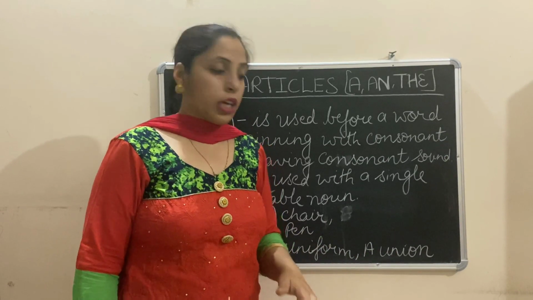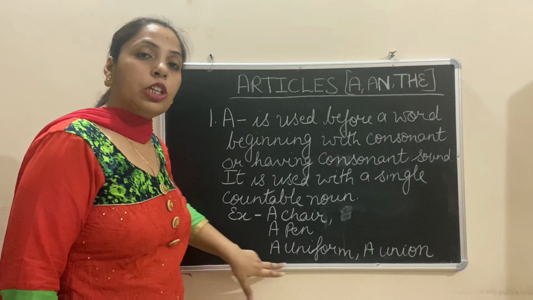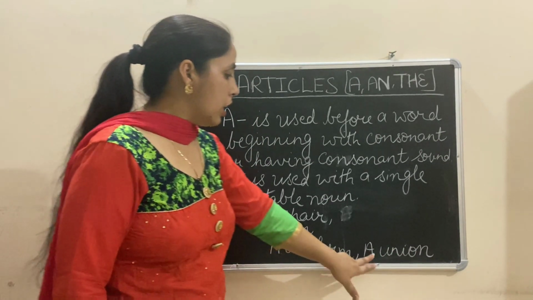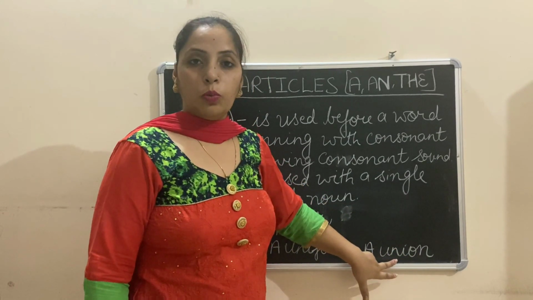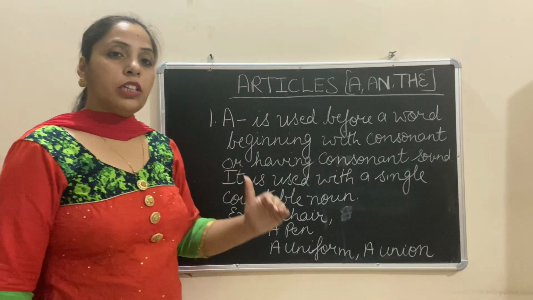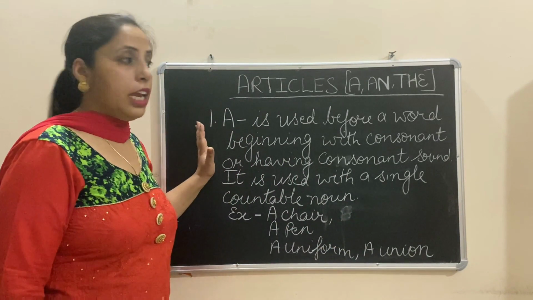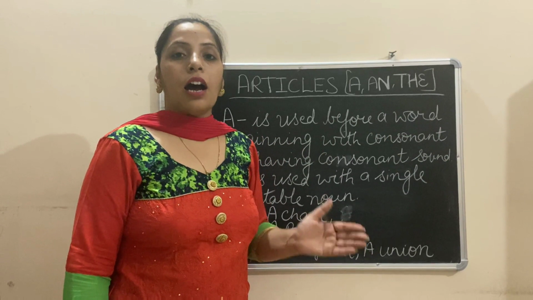So it will be written as a uniform and not an uniform. Similarly, a union. Here the sound is ya, not you. So all the words that have a ya or a wa sound, there we will use the article a, because sound matters a lot while using articles.